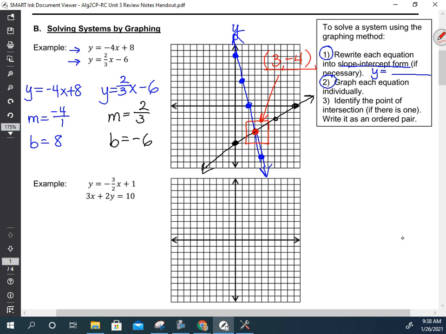So that's your final answer: 3, negative 4. Wherever they cross, that's your answer, if they cross.